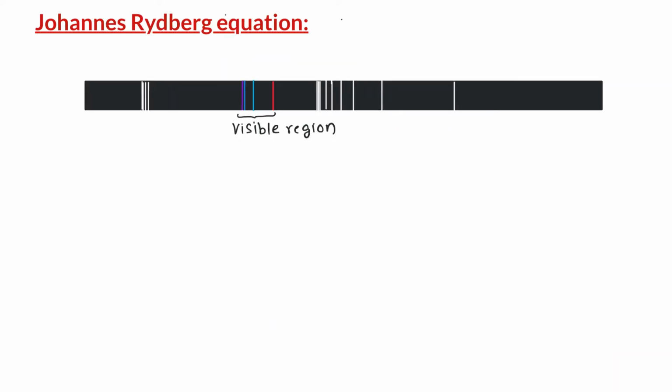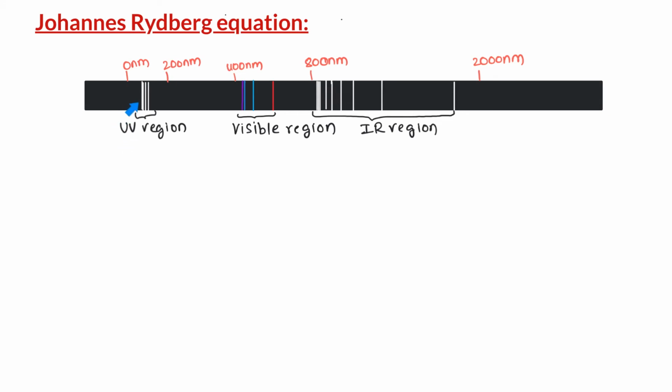A few years later, scientists found that there are more lines in the hydrogen atomic spectrum that are outside the visible region of the electromagnetic spectrum. As you can see, there are several lines in the ultraviolet region and infrared region of the electromagnetic spectrum as well. Later, Johannes Rydberg modified the equation given by Balmer to describe all the lines in the entire spectrum of the hydrogen atom.